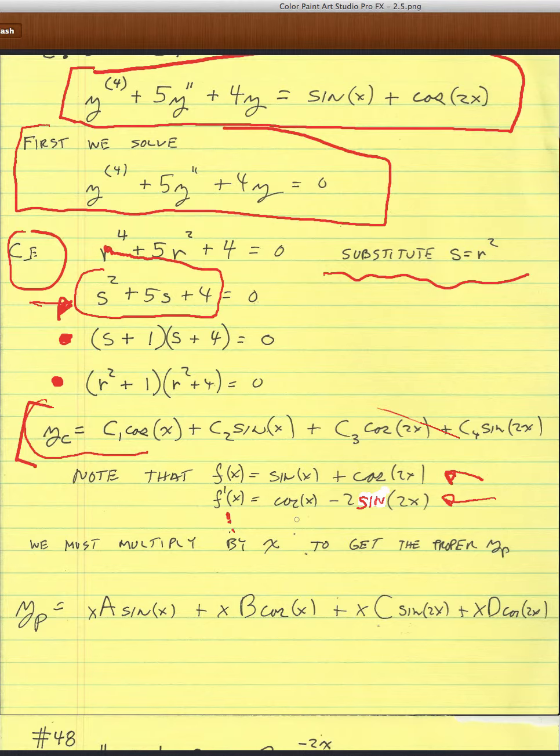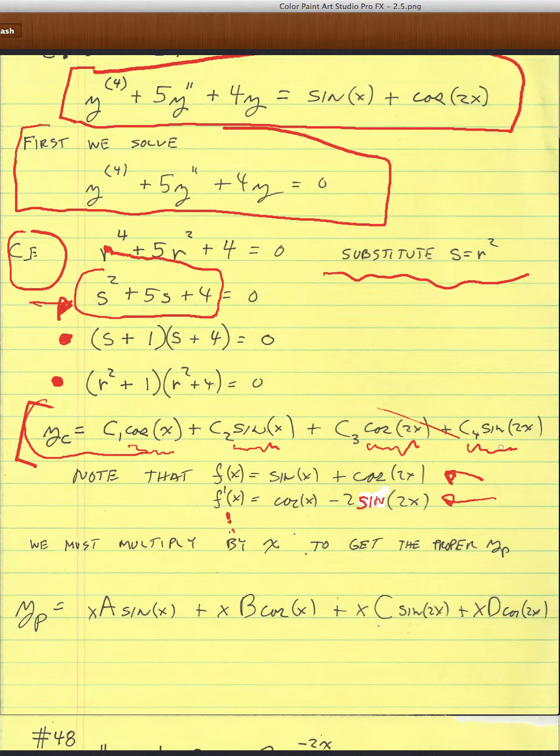But what you realize is that these cosines and sines, like the sine of x, cosine of 2x, sine of x, cosine of 2x, cosine of x, sine of 2x, they are all appearing as terms in the solution of the general equation. So by our rule number 2, we have to do something.